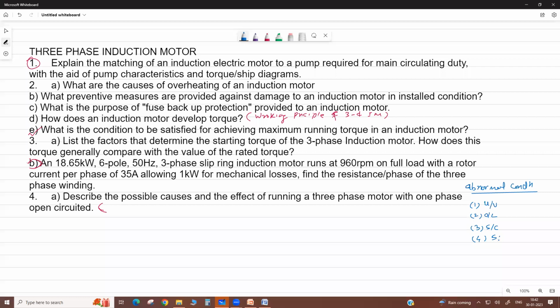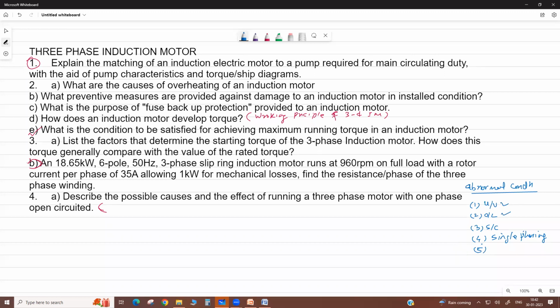Single phasing is also there. You have to list out which cause overheating: under voltage, and also abnormal sound or vibration. That means abnormal operation.